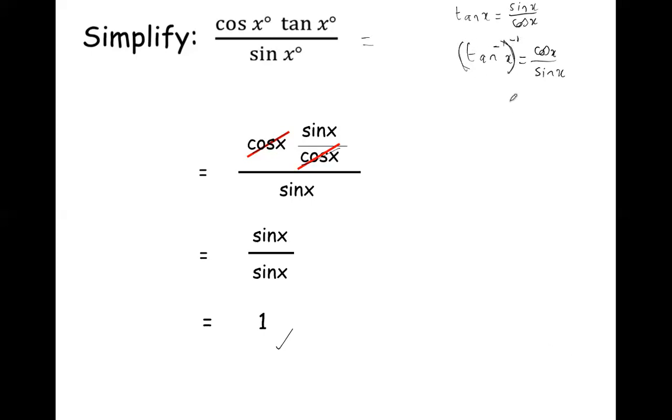And tan to the power negative 1 is just 1 divided by tan x. So you've got 1 over tan x times tan x, which is just tan x, divided by tan x, and that is 1. So we could have got it from there. Or if you would rather change the tan x that way, that's probably easier to see than tan to the power negative 1, because now you need to deal with negative indices.